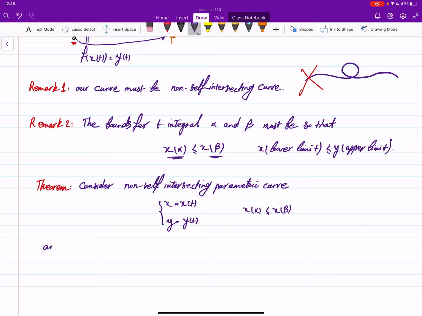Also we have to make sure that y of t is positive on the given values of t.